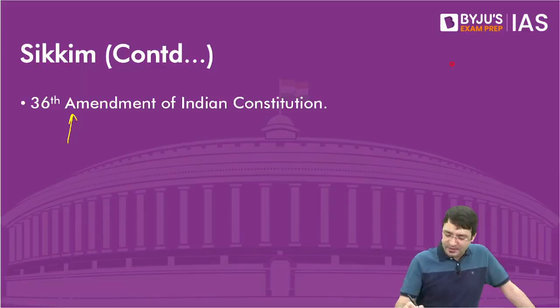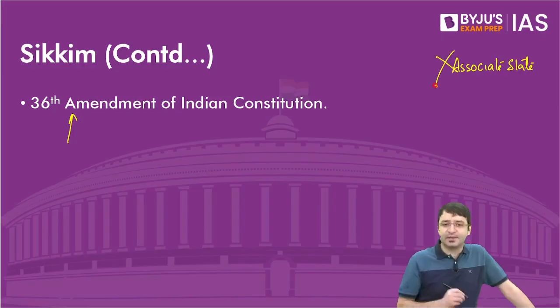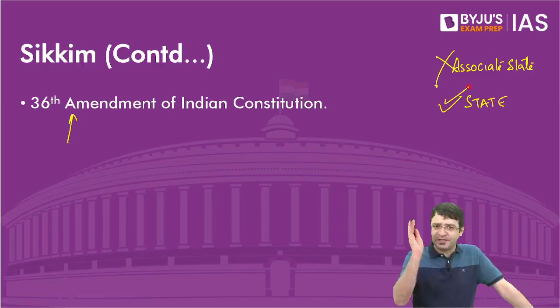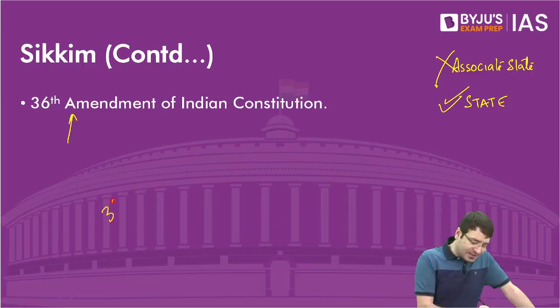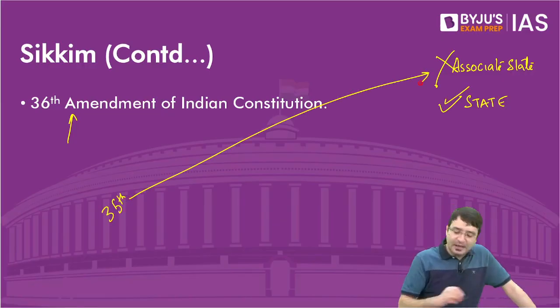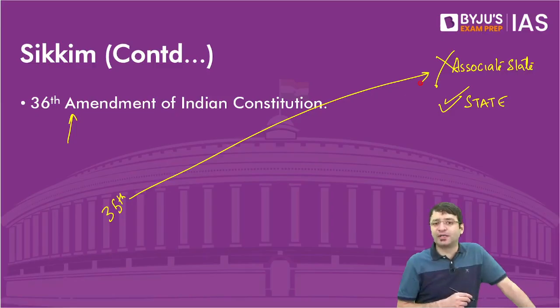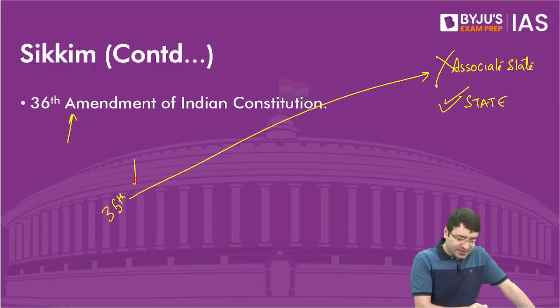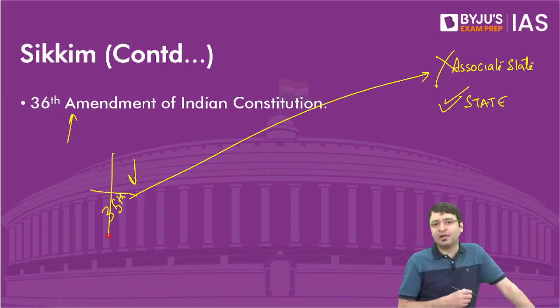What is the need? Previously, we admitted Sikkim as an associate state. Now we will delete it and we will admit Sikkim as a full-fledged Indian state. Which means the 35th Amendment made Sikkim an associate state of India, and the 36th Amendment dissolved the 35th Amendment and made Sikkim a full-fledged state of India.